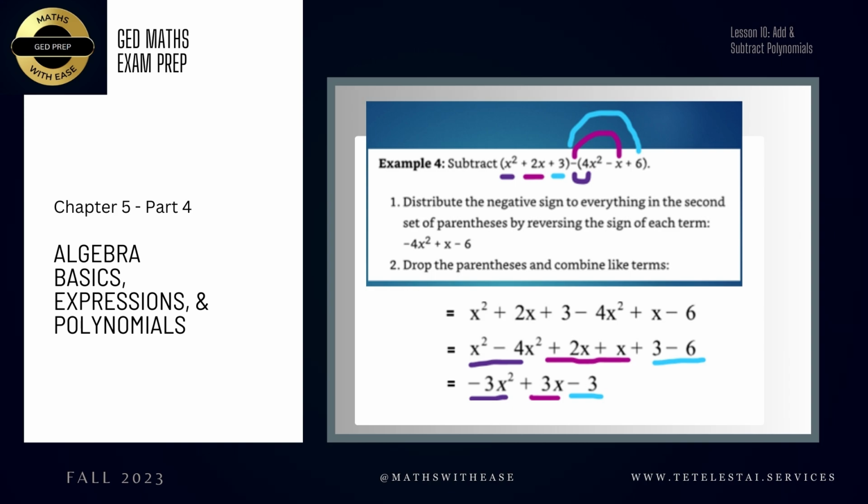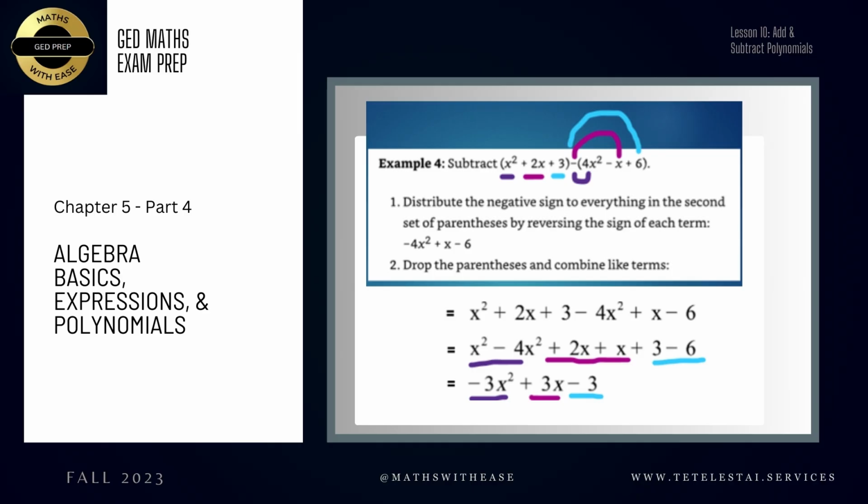Or let's start with the first line right here. Then negative 1 times negative x gives us a positive x. Remember, as discussed earlier, two negatives multiplied together give a positive outcome. And then negative 1 times 6 gives us negative 6. Once we've distributed our negative signs, we drop the parentheses and combine like terms.